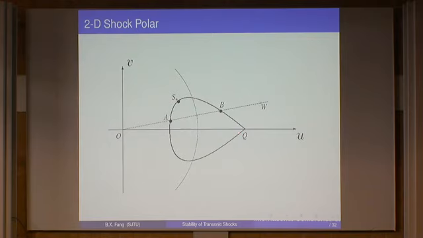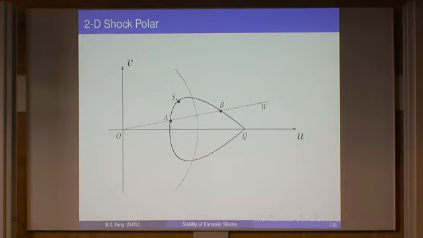And since we have a wedge and the flow behind the shock front should be parallel to the wedge, the flow direction should be the tangent of the wedge angle. So you see that if the angle is small, then we have two intersections, which means that we have two shock solutions. This is a weaker shock solution, and usually it will be outside the sonic circle.